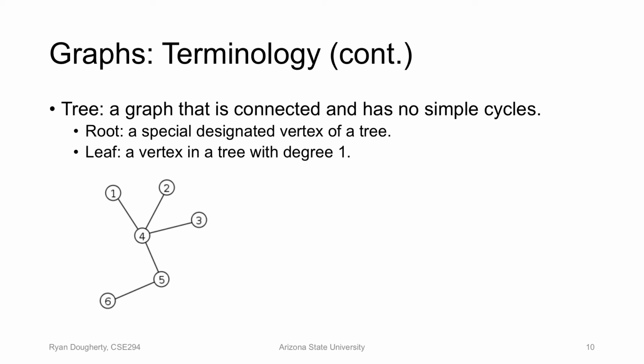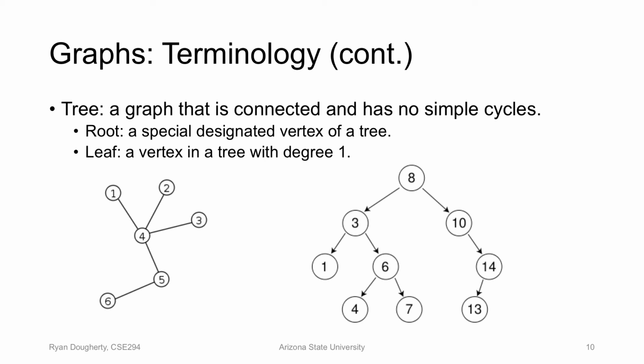Here's an example of a tree, and here's an example of another tree, which is a binary tree. You can actually think of a binary tree as a directed graph because you traverse down the tree, but you can't traverse up, right? So what is the in degree of vertex 8 for the directed graph here? The in degree? 0, because there are no edges coming in.